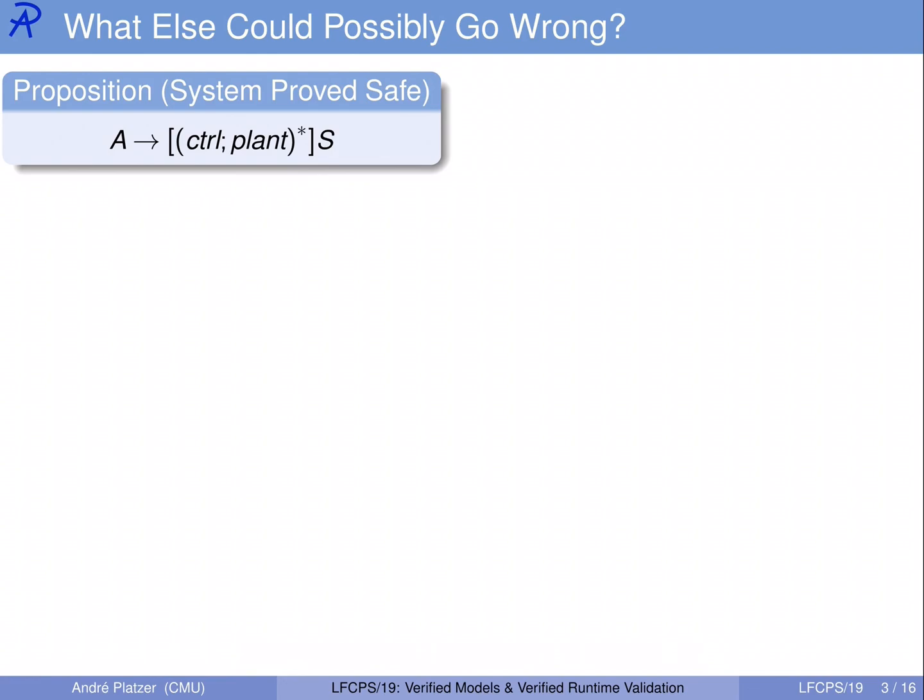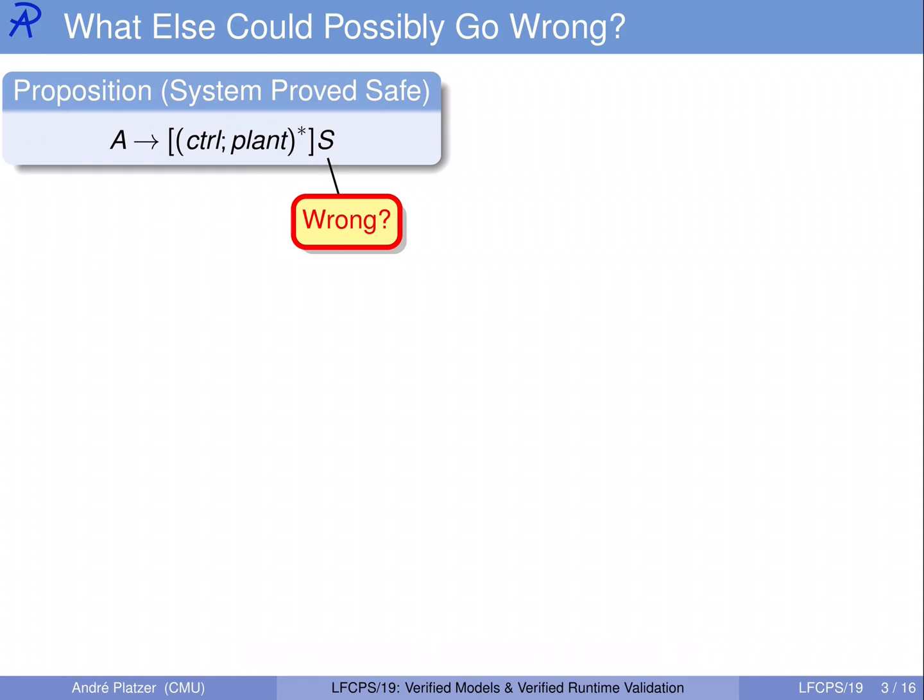But what else could possibly go wrong, even if you have a proof of safety like that? Well, you could have proved this property, but written down the wrong question. So what happens, for example, when your safety condition, the postcondition S, is wrong?